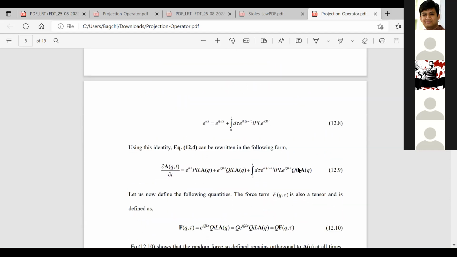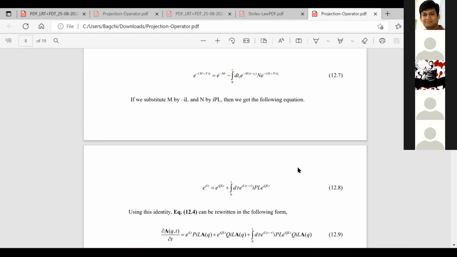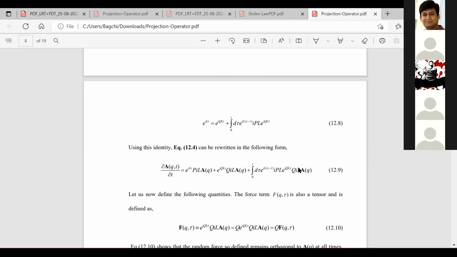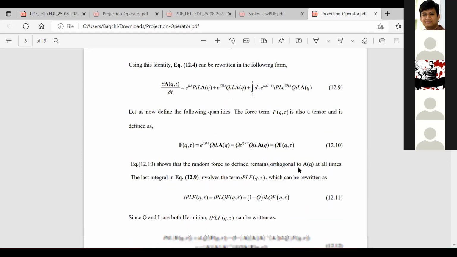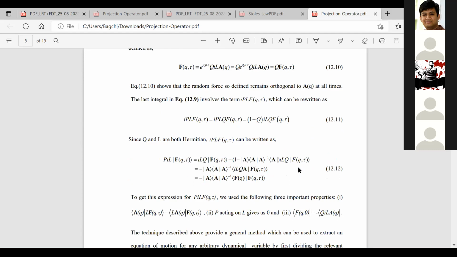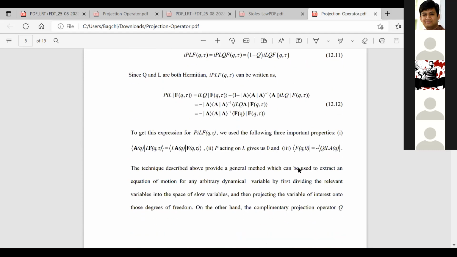Now at 12.8 you decompose. This is what I remembered. My confusion is that I remembered that I do M and L by P and Q.